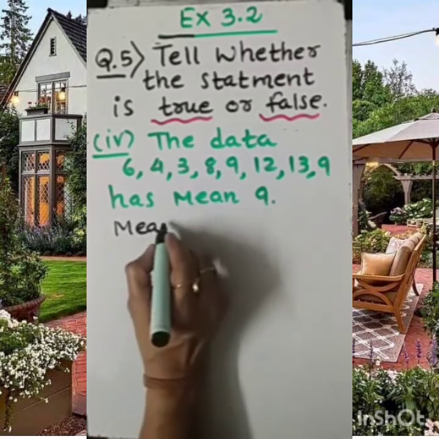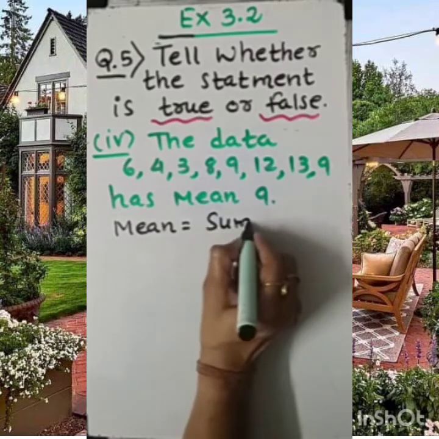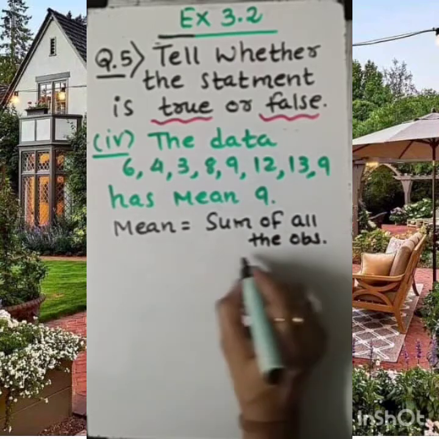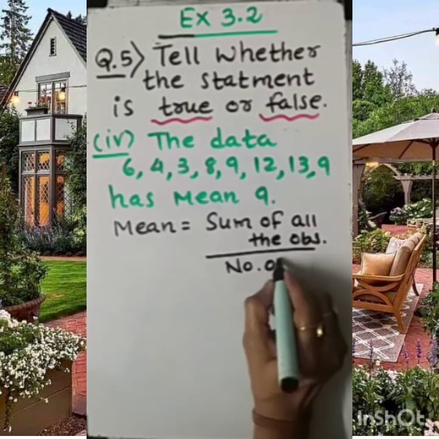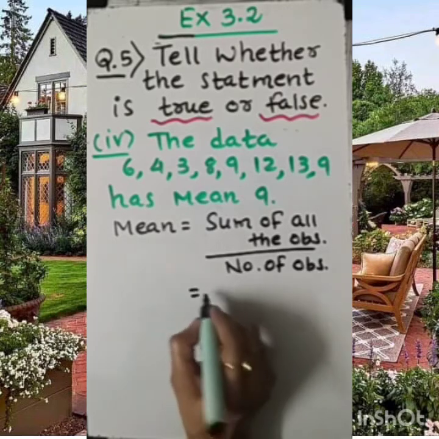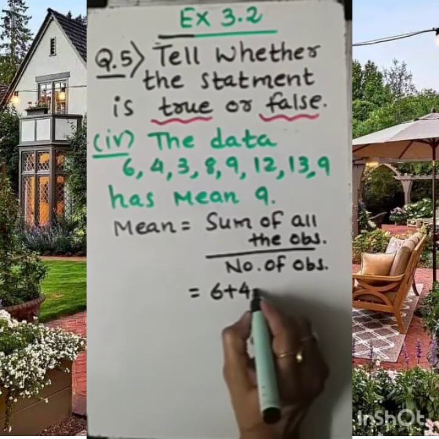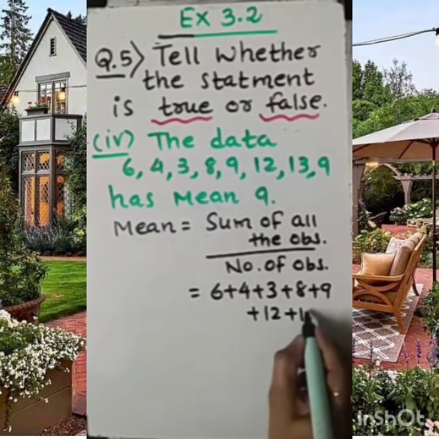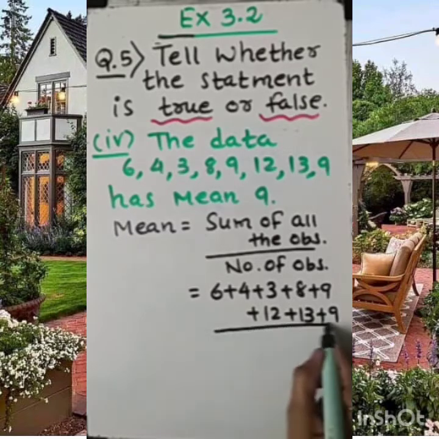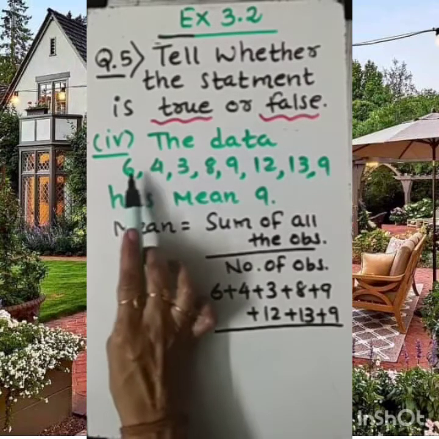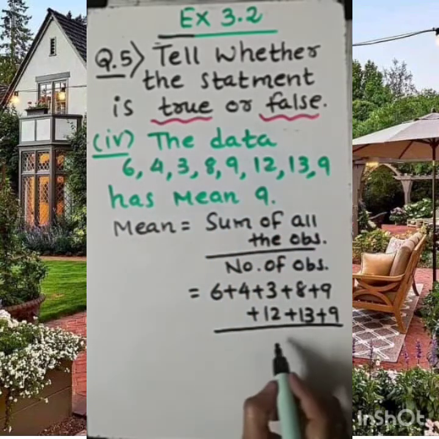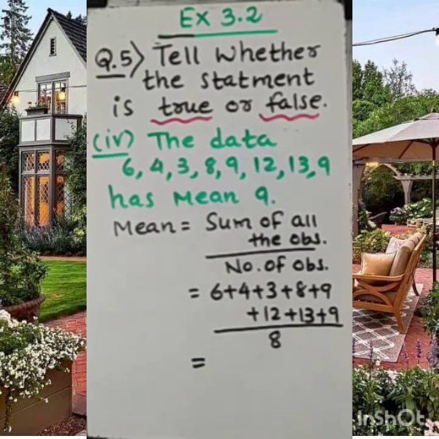As you know, to find the mean, we apply this formula: sum of all the observations upon the number of observations, correct? So the sum of all the observations is 6 plus 4 plus 3 plus 8 plus 9 plus 12 plus 13 plus 9, and the total number of observations is 1, 2, 3, 4, 5, 6, 7, 8. First of all, let's add all these numbers. And what is the answer of the addition?